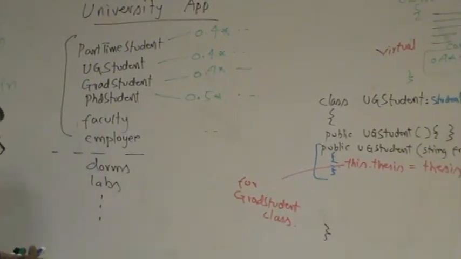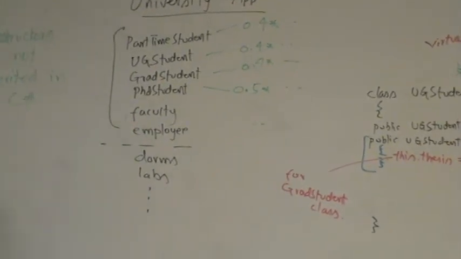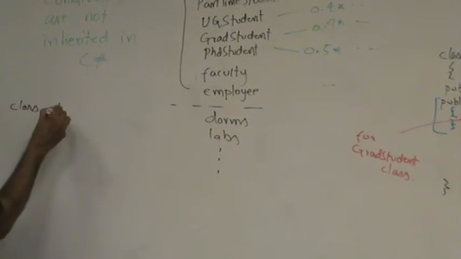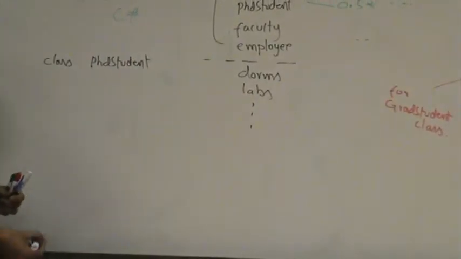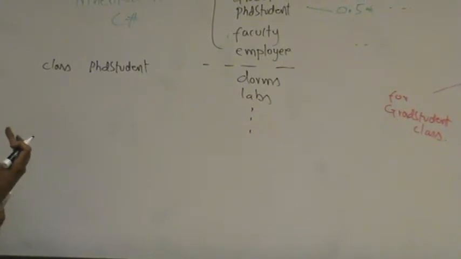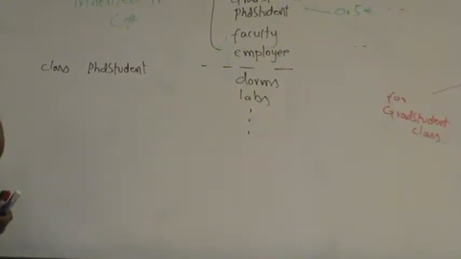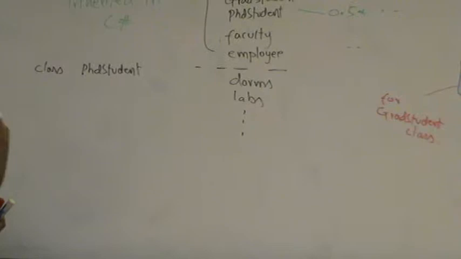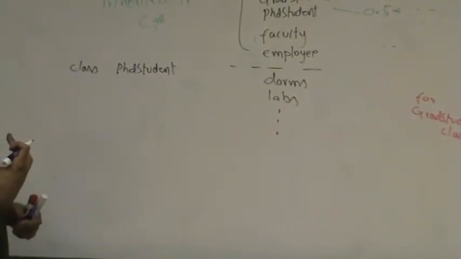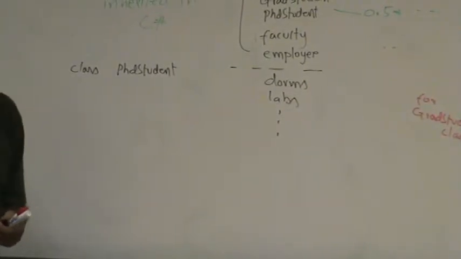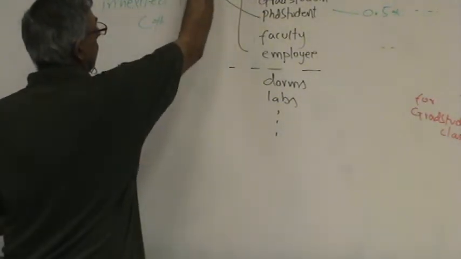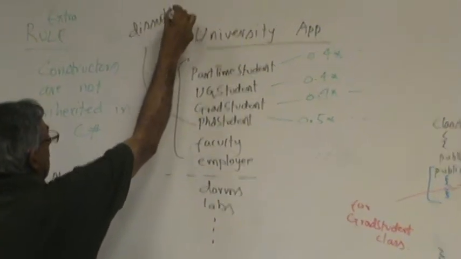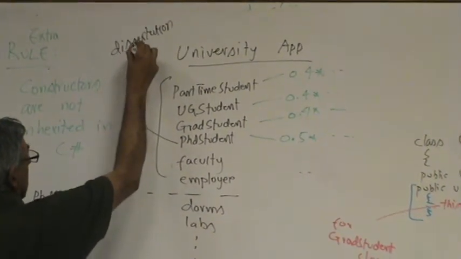So now if we create a PhD student, class PhD student, let's pretend it will have one extra field. Instead of thesis, the field will be, let's say, dissertation.